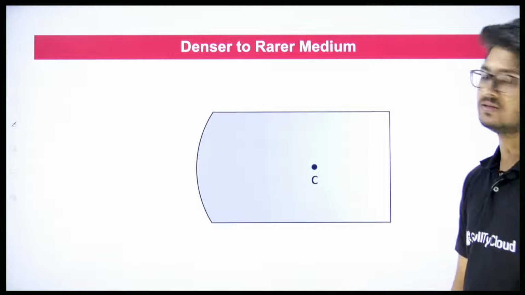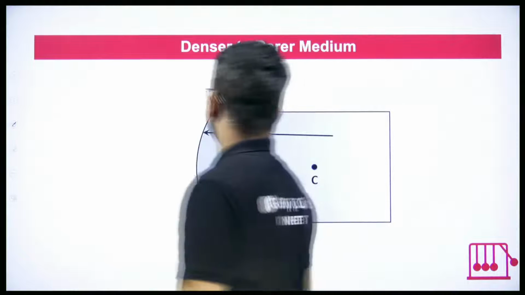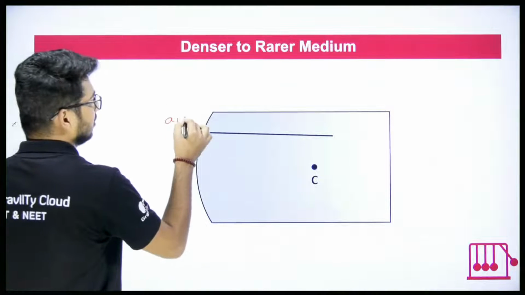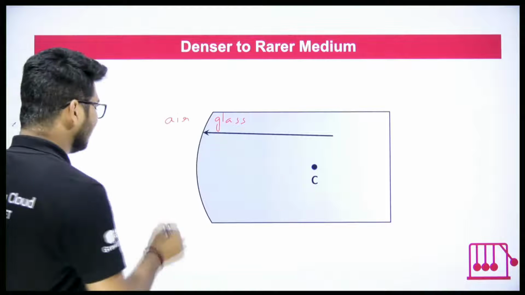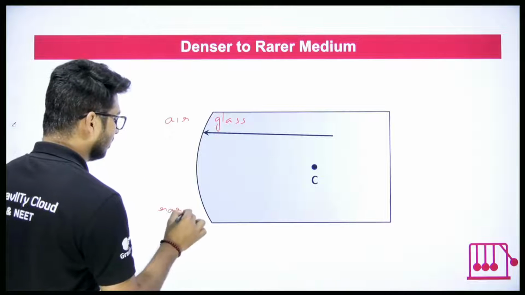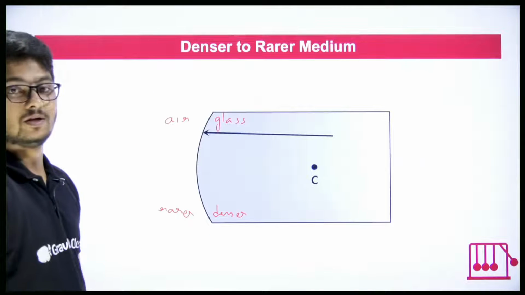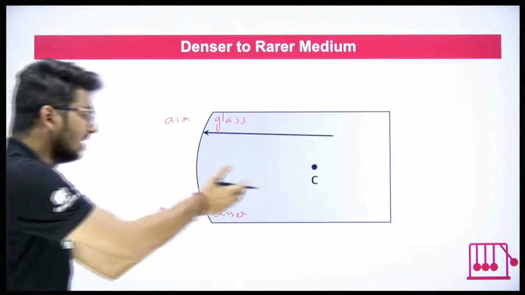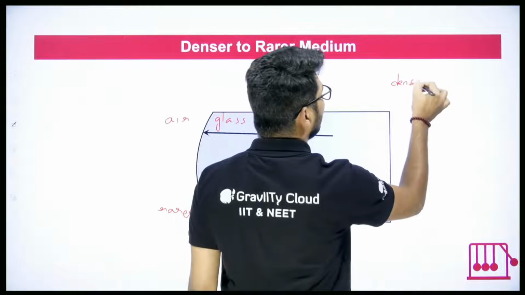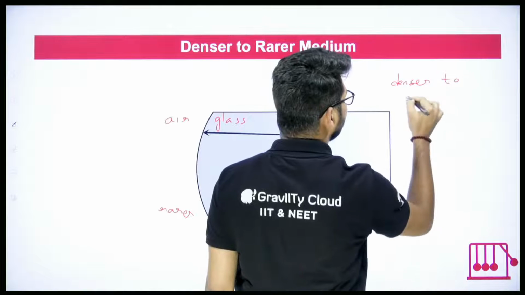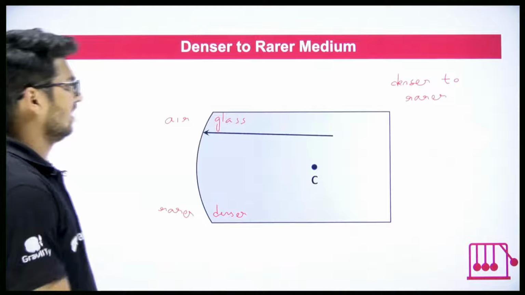Now we'll go into this case. This is the incident ray. Now look at this carefully. This is air. This is glass. Air is a rarer medium and glass is a denser medium. So the ray is traveling from denser to rarer. That is the case that we are discussing now. We figured it out.